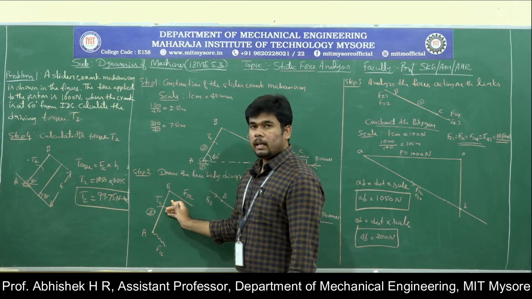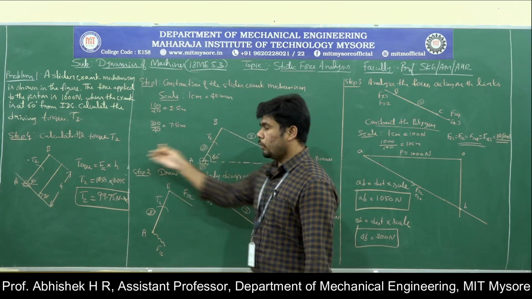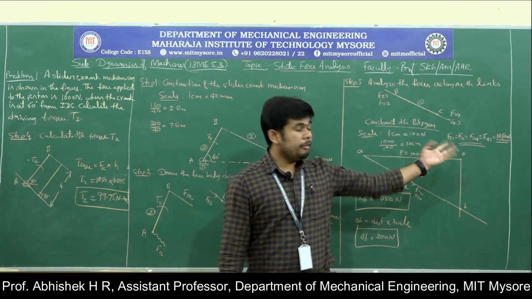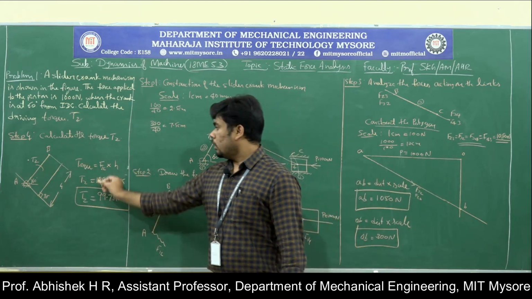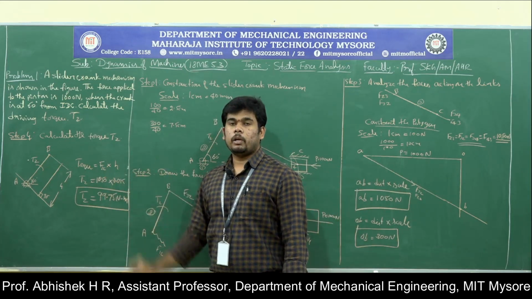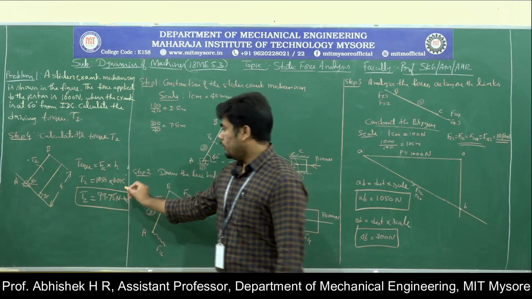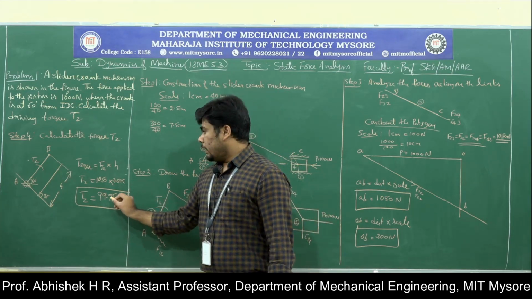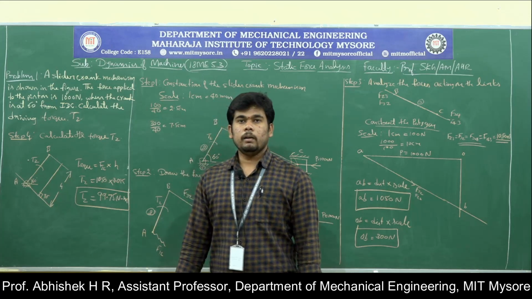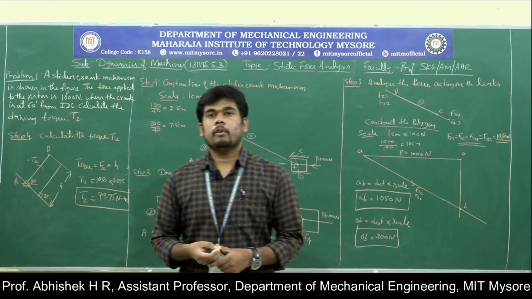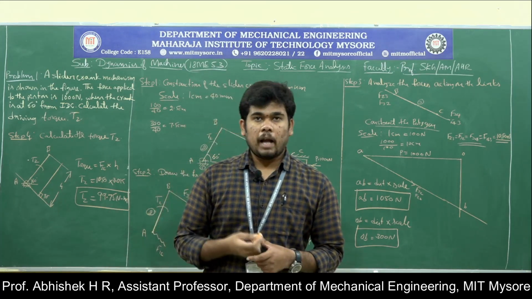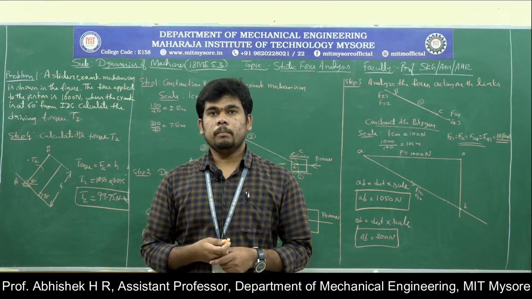If I consider F12, F23 or F32, it is 1050 Newton. So it is 1050 into 0.095 meter, which gives 99.75 Newton meter. This is how we are going to solve or analyze the slider crank mechanism problem.